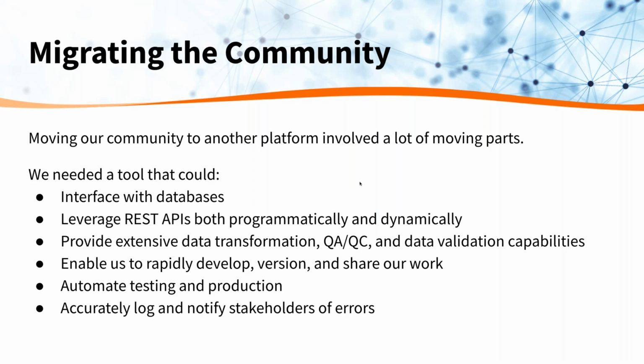We also needed it to automate testing and production and make it easy and efficient to run workspaces, rerun workspaces, and nail down the process. We also needed notifications and logging to keep track of errors and keep ourselves informed of what the processes were doing and how they were going along.